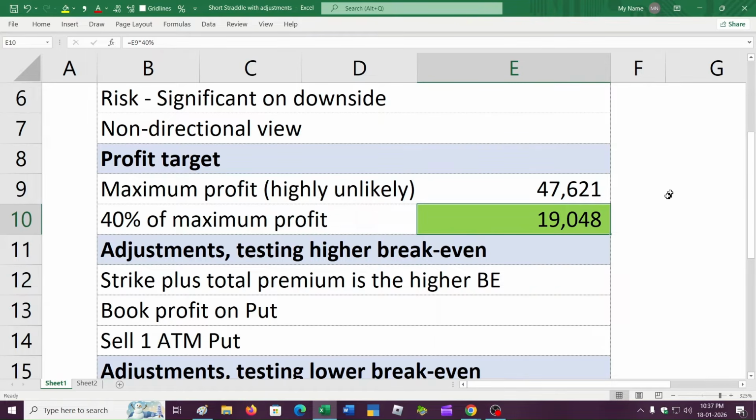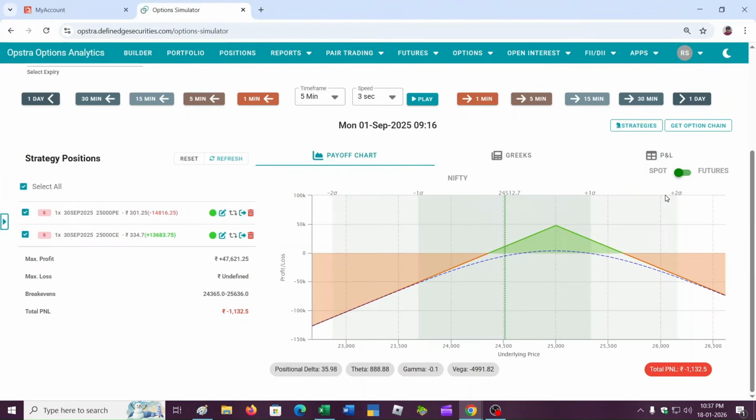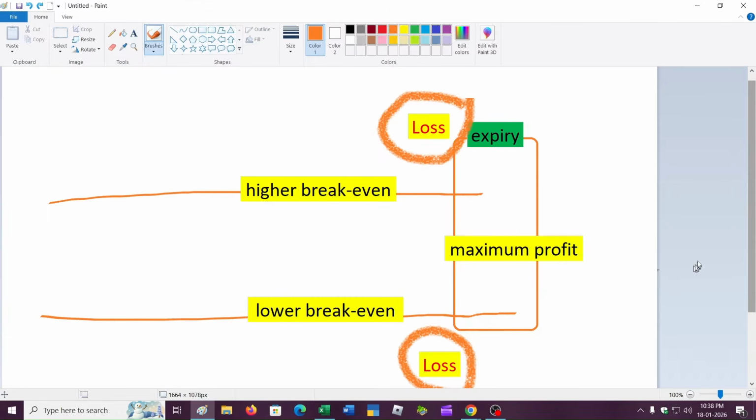When we hit that, we can close the position. Why should we close? Because we know that there is significant risk to the downside and unlimited risk to the upside. So we don't want to keep this position with this much risk for a long time. If we can get a reasonable profit, let's book it. That's what the policy should be.